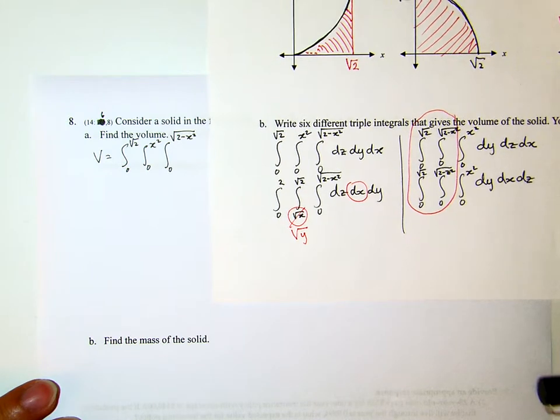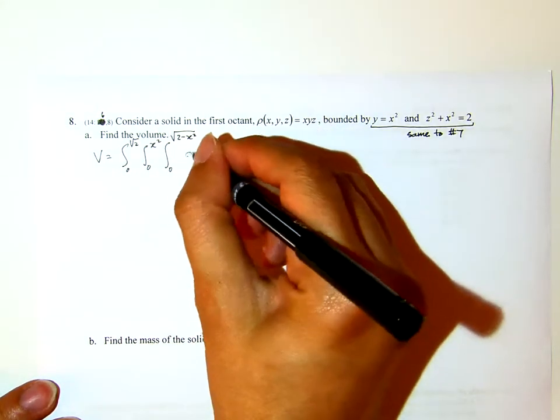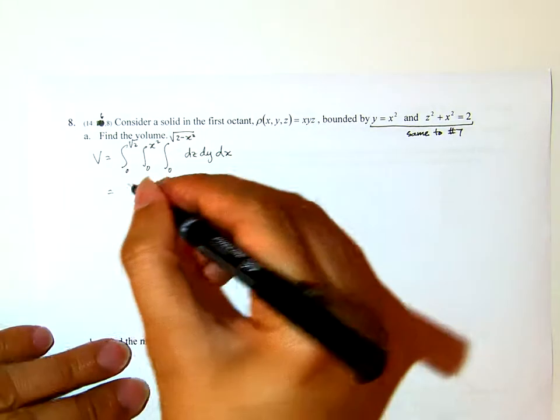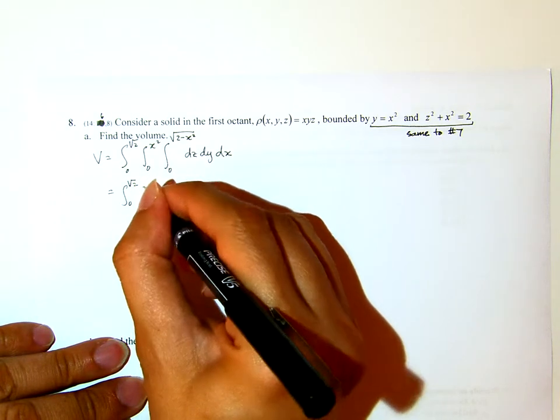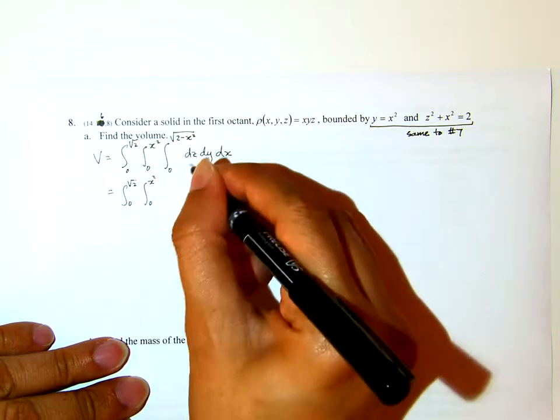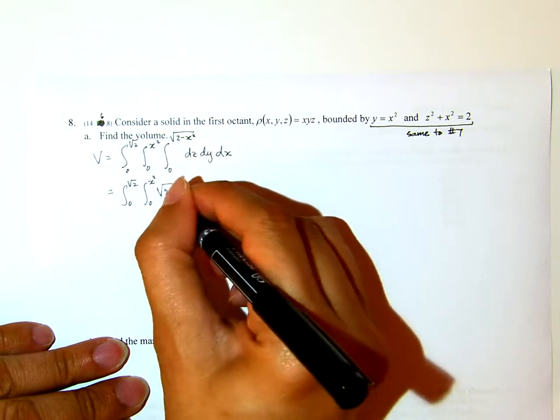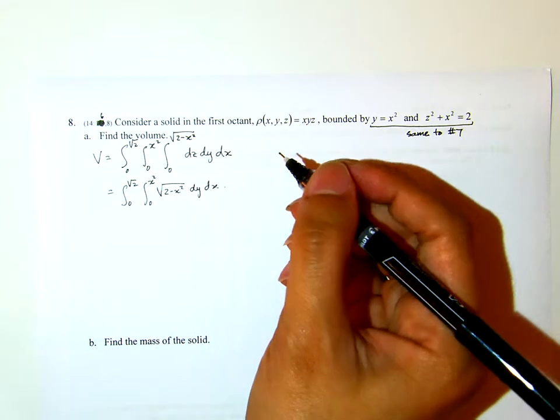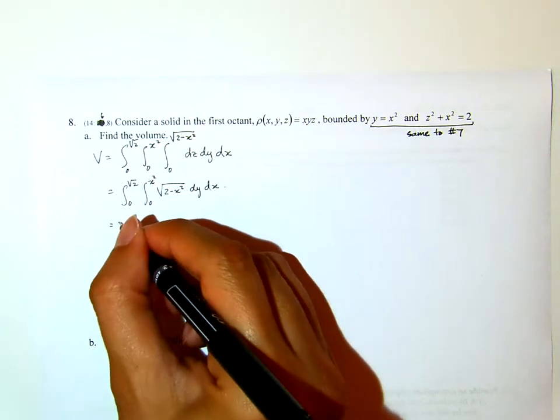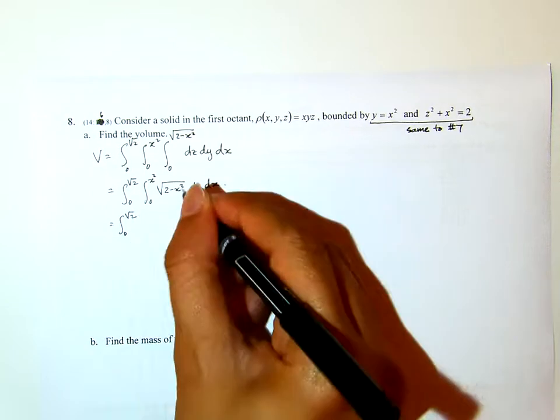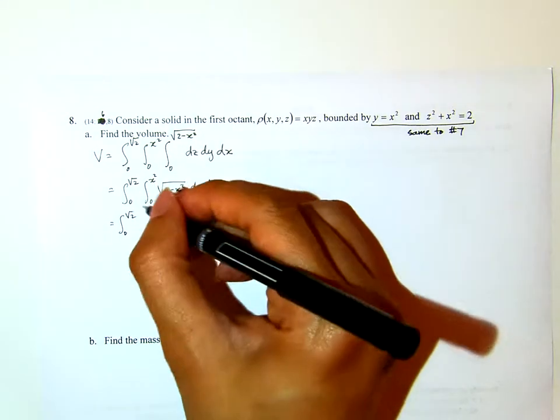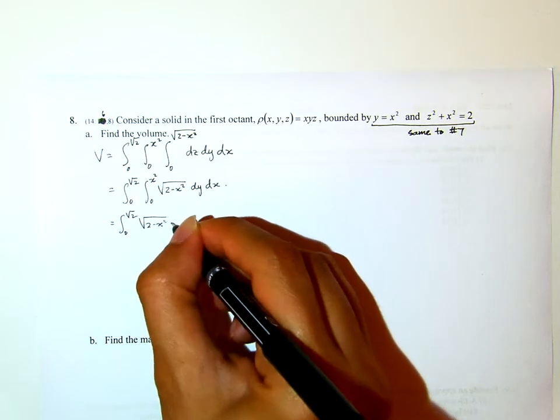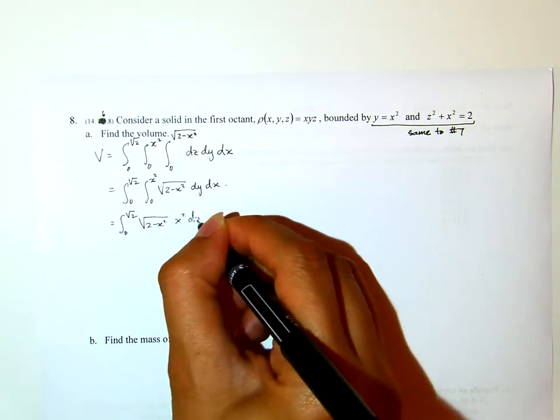That's how I get that. dz dy dx is equal to the integral from 0 to radical 2, integral from 0 to x squared, of square root of 2 minus x squared dy dx. And then if I integrate with respect to y, because the integrand is independent of y, it will be just the length of that interval, which is square root of 2 minus x squared times x squared dx.